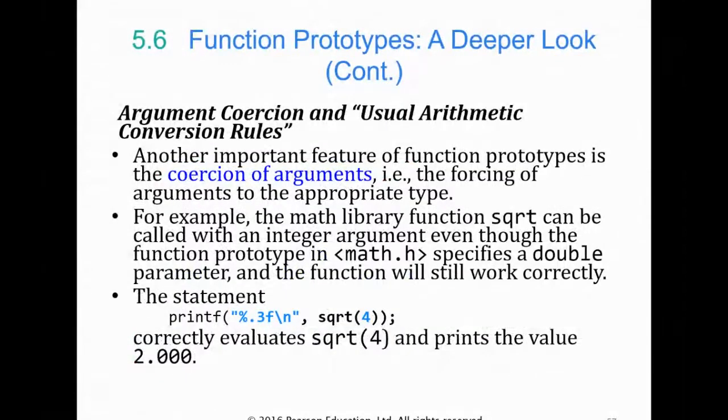Now, the final concept that we're going to cover is argument coercion and how things are converted. Let's say you pass an argument which is of a different type than the one that the function expects. One example is the square root function of the math library.